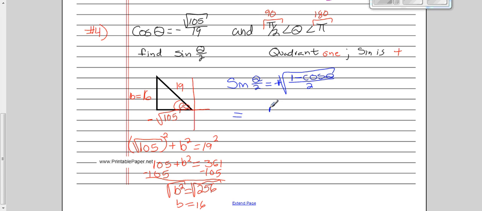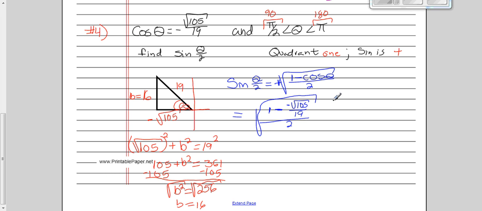So I get 1 minus, and cosine of theta, which is negative square root of 105 over 19, all over 2 under a big square root.